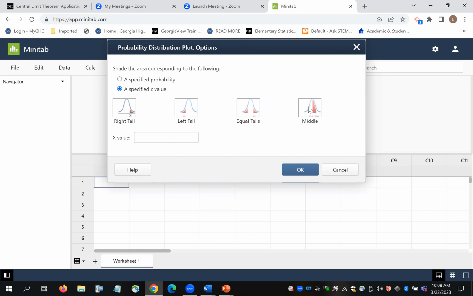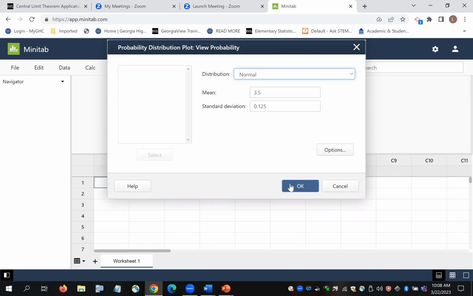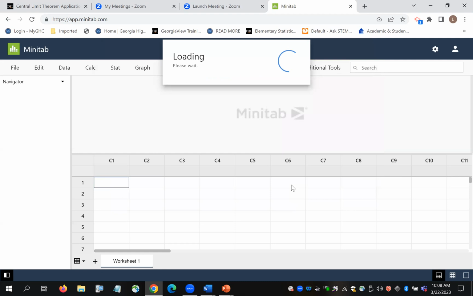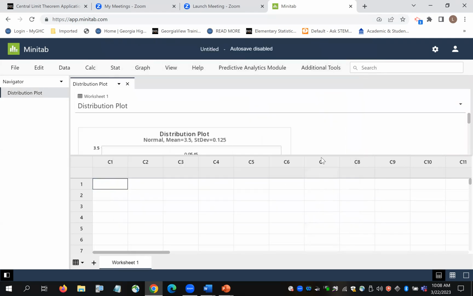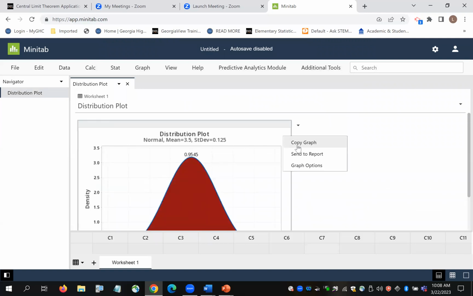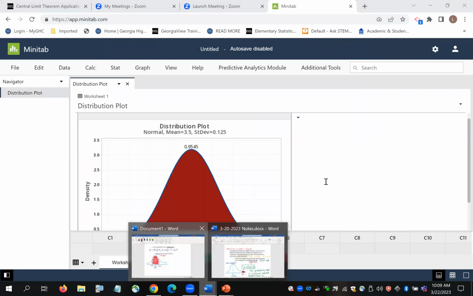We are between, or in the middle of, 3.25 and 3.75. And I click OK. And I click OK. And it does give us the graph. And I'm going to copy the graph over to our paper.